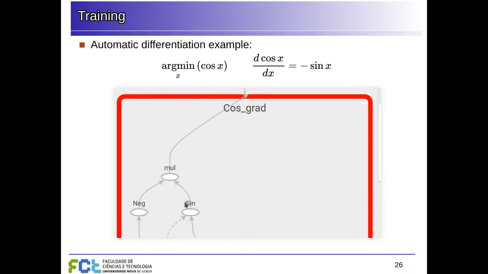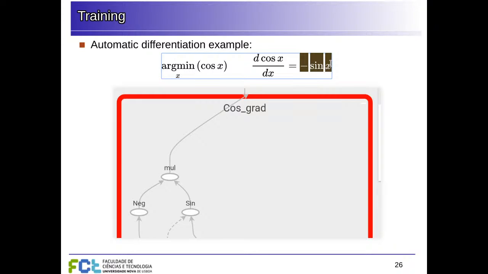So we have the sine function, the negative, we multiply the minus sign with the sine function, and this is the derivative, the gradient of the cosine function. So this means that when TensorFlow is evaluating the cosine of x for any particular x, it will also evaluate the gradient for that particular x.